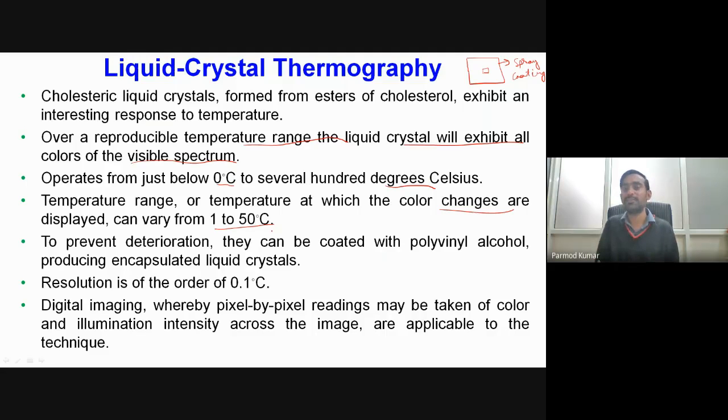So depending upon the type of crystal we are using, for example, if I want to use it for a broad measurement, it may happen that I'll get red color corresponding to 50 degrees Celsius, and then at 40 degrees Celsius I'll have yellow color, and similarly I'll have other colors of the spectrum, and say my minimum value, blue color, is corresponding to 10 degrees Celsius. Okay, if I want to use it for precise temperature measurement, then obviously I'll have another color scale where red will correspond to 10 degrees Celsius and blue may correspond to 5 degrees Celsius.